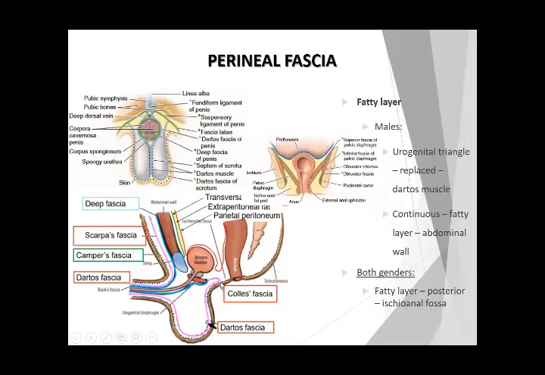This yellow sawtooth line was once the fatty layer, but then got converted into dartos muscle. Dartos muscle is simply muscle fibers within the fatty layer, within the connective tissue, the panniculus adiposus, in the fat.